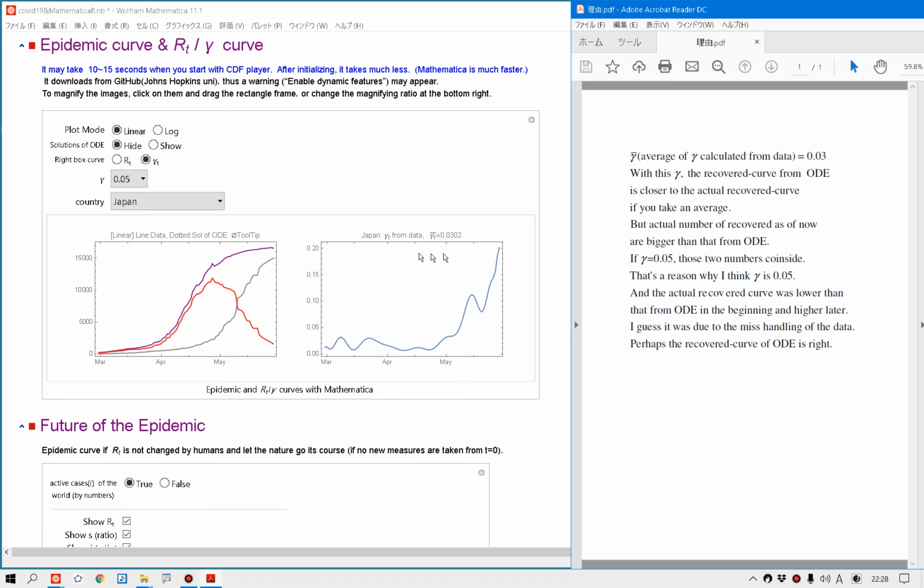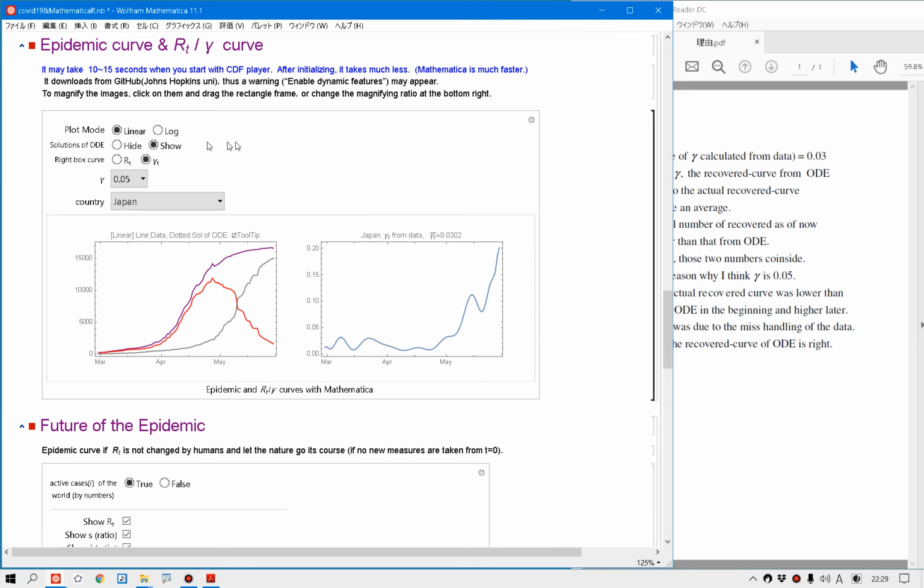Recently it's 0.2, so the recovery time is only 5 days. But one month ago, it was 0.02, so the recovery time was 50 days, but now only 5 days. So you can't trust this data, can you? That is another reason. And there is one more reason. The third reason comes from the solution of the ODE.